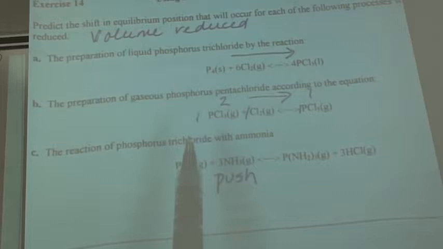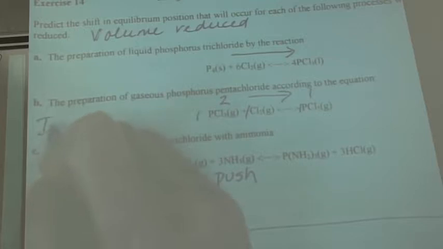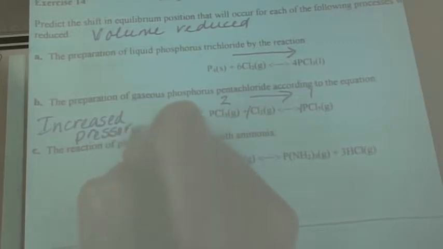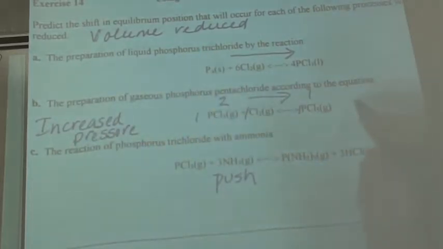If I increased the pressure, which way would the equilibrium shift? If I increased the pressure, it would still shift to the right, because if you increase the pressure, what happens to the volume?